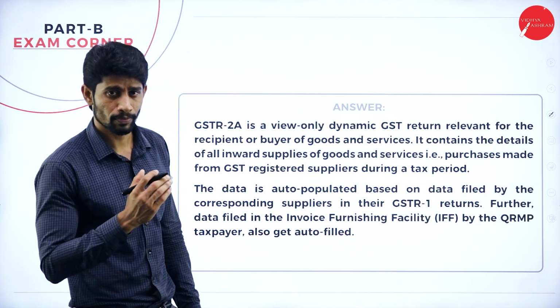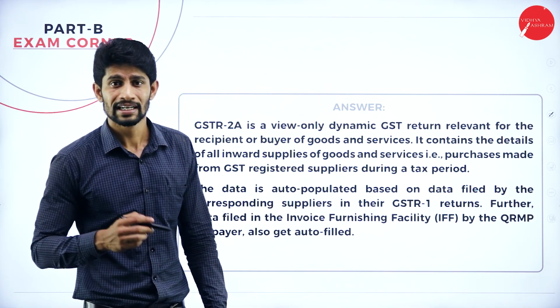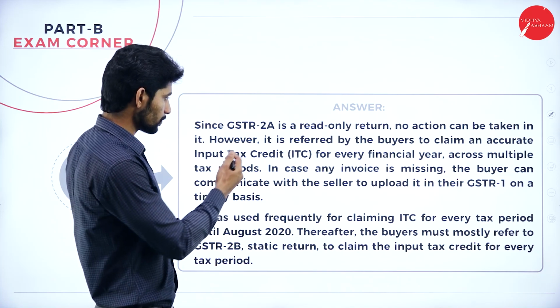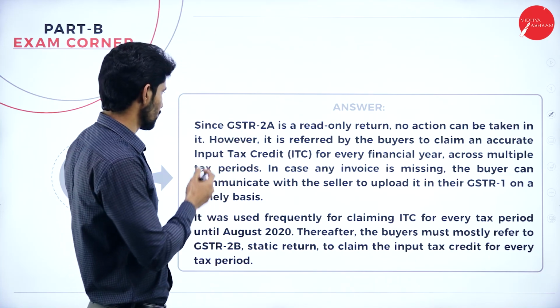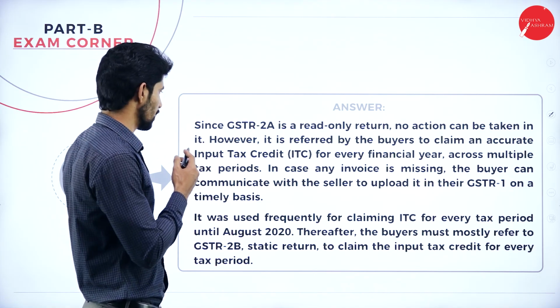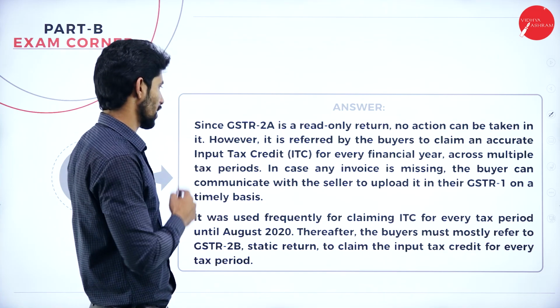So this information you are supposed to write if they ask you to write the contents of GSTR2A. Next, the continuation of the same question. Since GSTR2A is a read-only return, no action can be taken on it. However, it is referred to by the buyers to claim the accurate input tax credit.